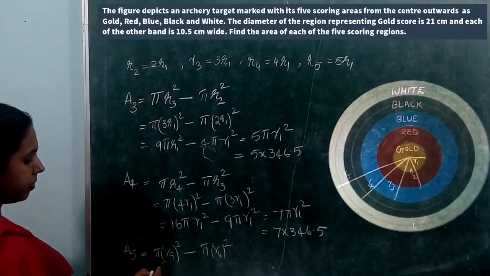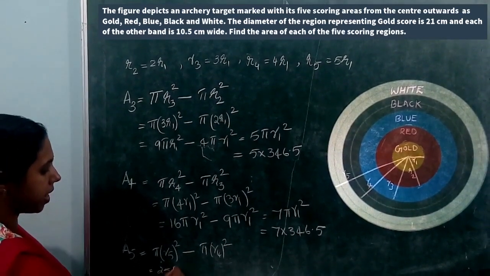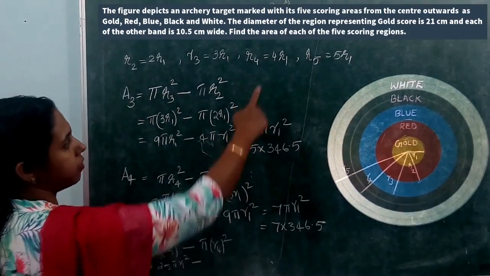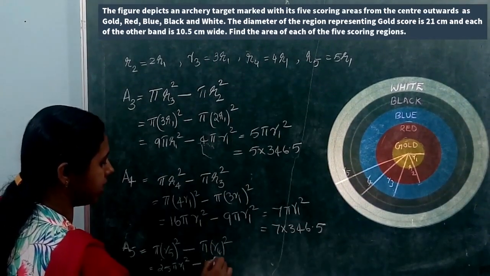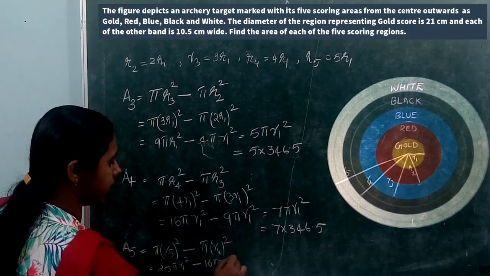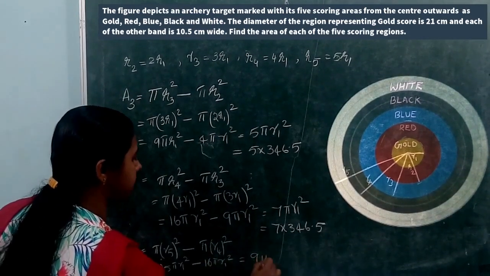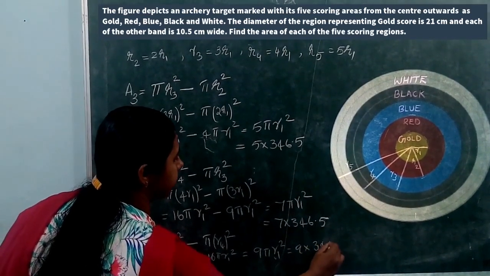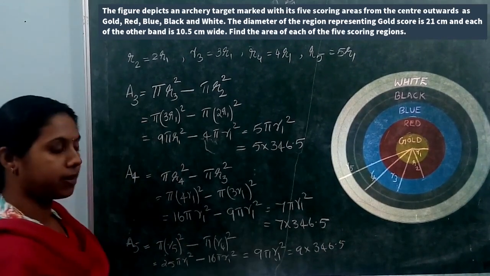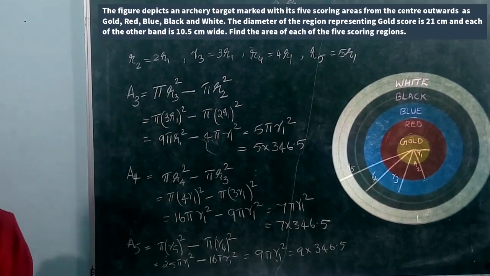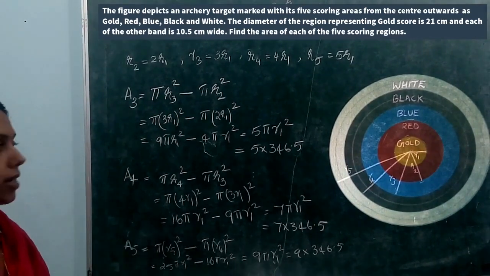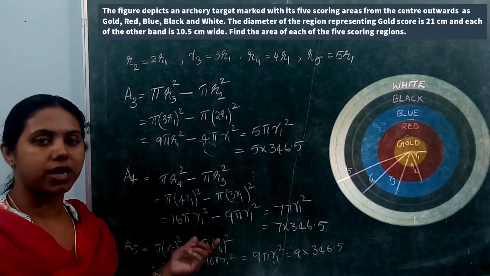So total it will be 25 pi r1 square minus here r4 is equal to 4r1. So it will be 16 pi r1 square, that is equal to 9 pi r1 square. So 9 into 346.5. When you multiply this, you will get the area of the fifth region. So I hope that you understand this. If you do this way, the calculation will be little more easy.